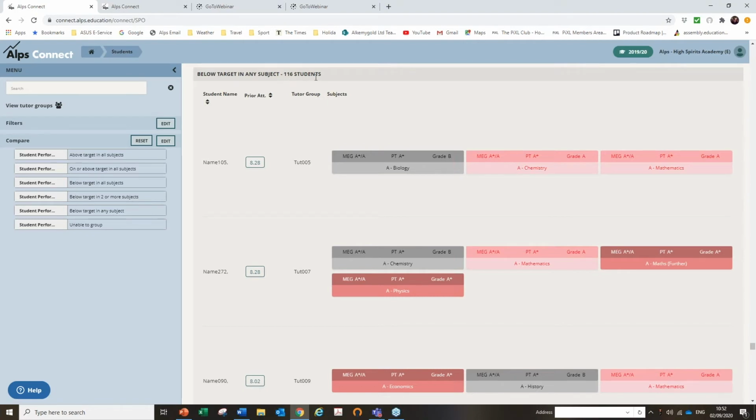There's a lot of students in this category. Well, that's not too surprising, because to duck down in one is pretty common. And what's interesting here, I think, is trying to see, are there patterns that will enable us to perhaps get young people better onto courses in the future?